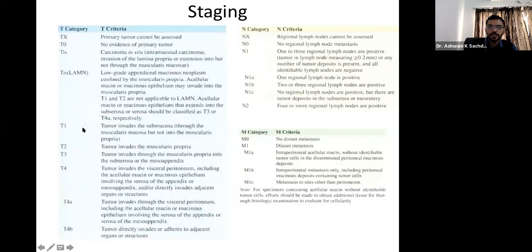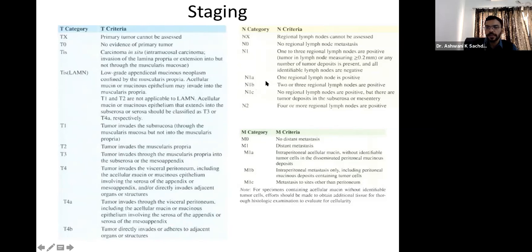Okay. For intestinal or other mucinous adenocarcinoma, T1 is when the tumor invades into the submucosa, T2 when it invades into the muscularis propria, T3 when it invades through the muscularis propria into the subserosa or mesoappendix, and T4 if it invades the visceral peritoneum, including the acellular mucin and mucinous epithelium also invading the visceral peritoneum, it is T4A, and T4B if it is adherent to the adjacent structures.